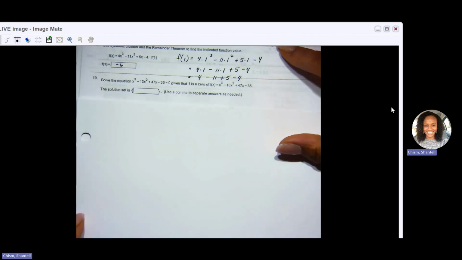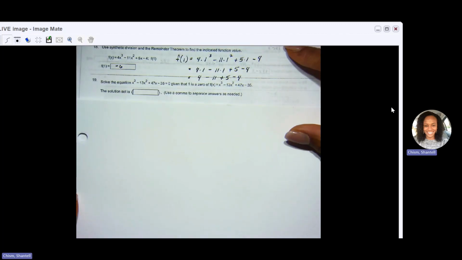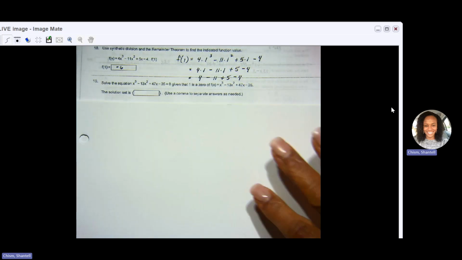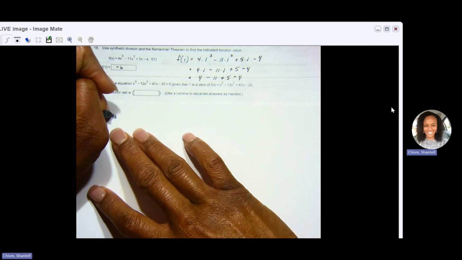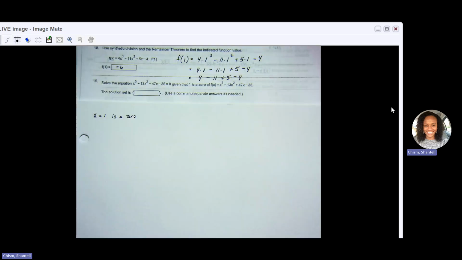So number 19, we've got: solve the equation x cubed minus 13x squared plus 47x minus 35 equals 0, given that 1 is a 0 of that equation or of the function. Sorry about that. It's going to clear up when I move my hand. Okay. So x equals 1 is a 0. That we know, okay? We're told that up front.